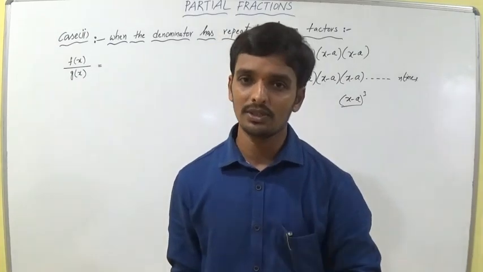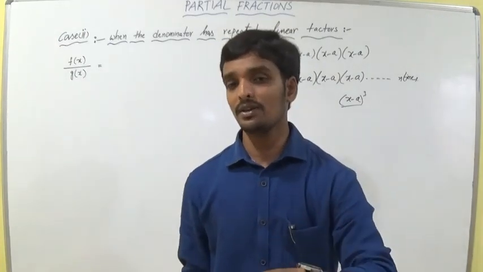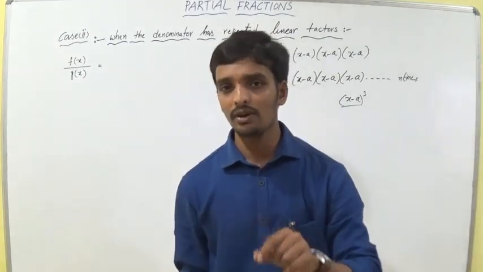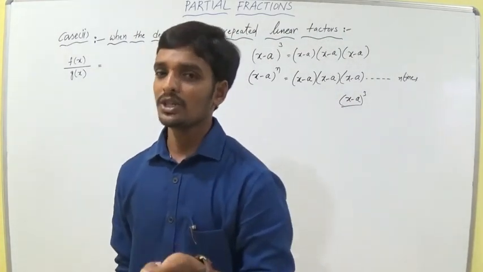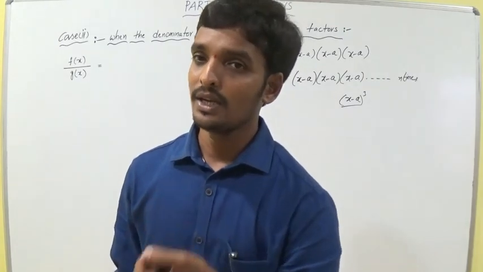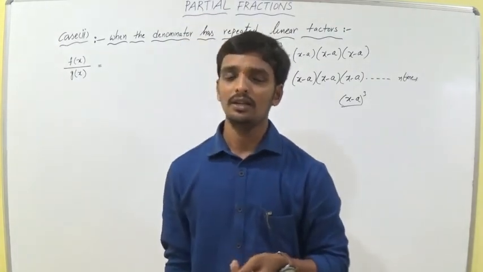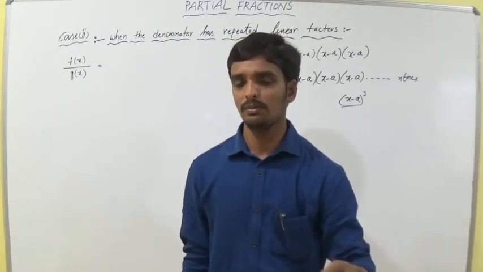If we have an improper fraction, f of x by g of x is equal to the quotient plus r of x by g of x. We have already learned these two topics in the previous cases.